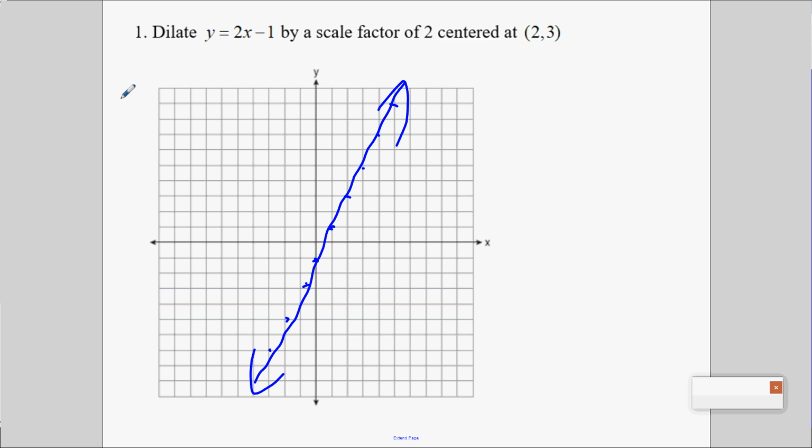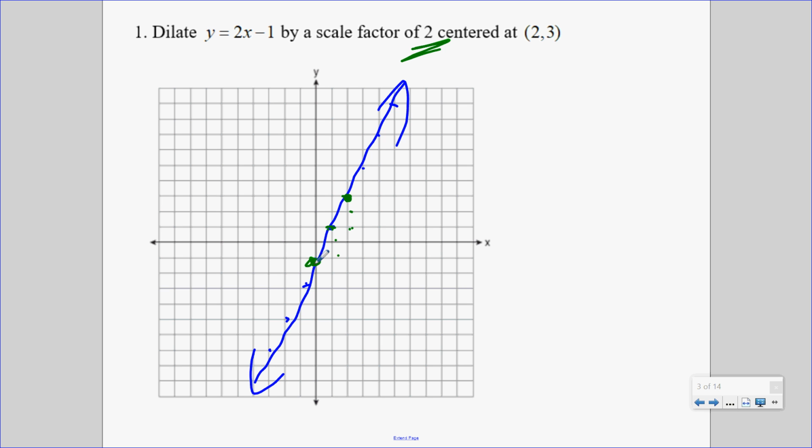And so here's how I would dilate it. It's centered at 2, 3, which is right here. So let's say I want to dilate this point right here. Well, I count from the center to that point. It is down 2, left 1. Do that twice. Down 2, left 1 once. Down 2, left 1 twice. It becomes that point.